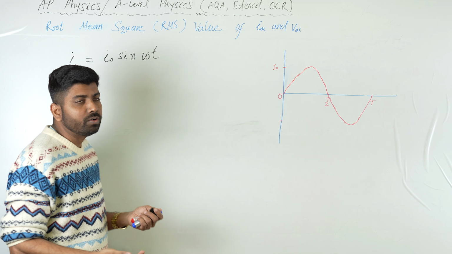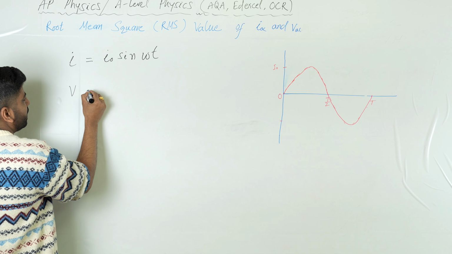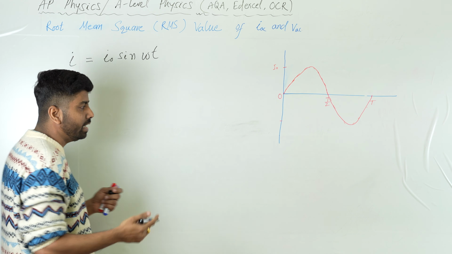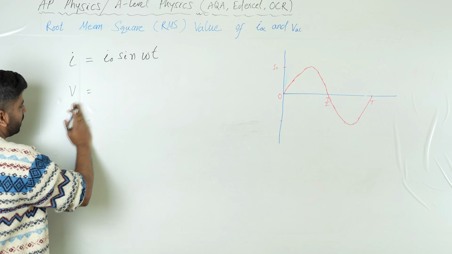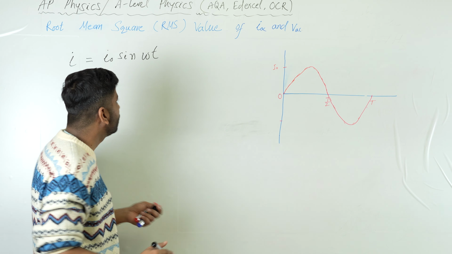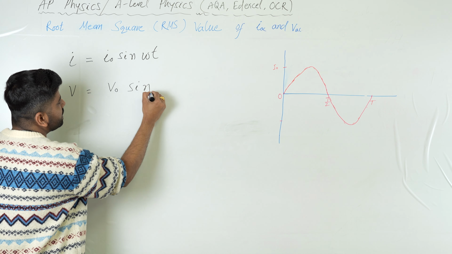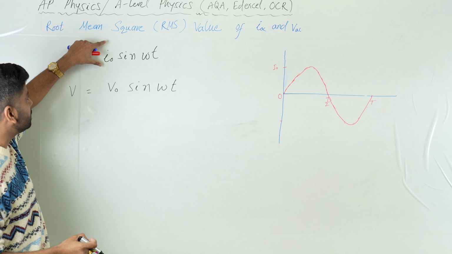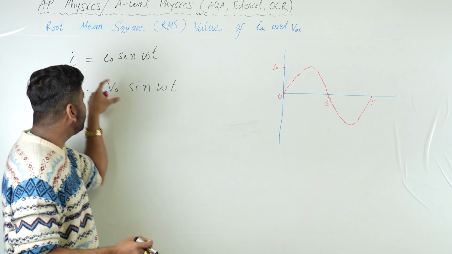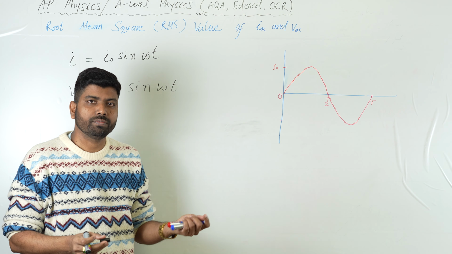Similarly, the alternating EMF, which some writers write as V and some as E, you can write either. So if the EMF is V, we write V0 sine omega t. I0 is the peak current and V0 is the peak EMF.